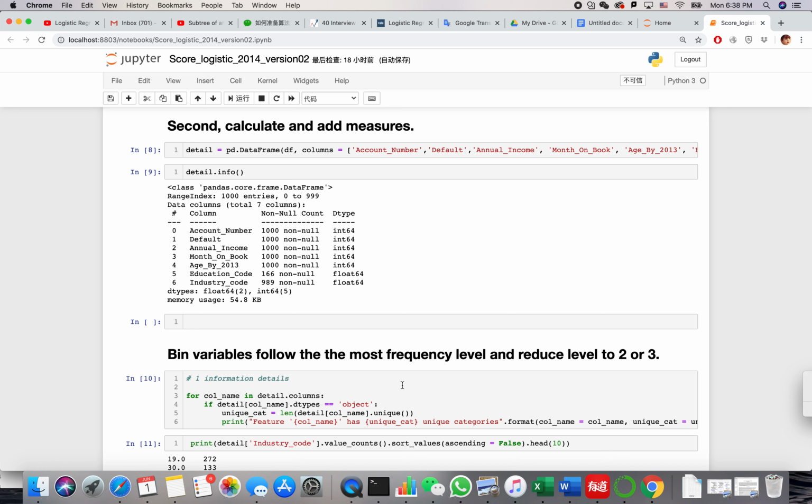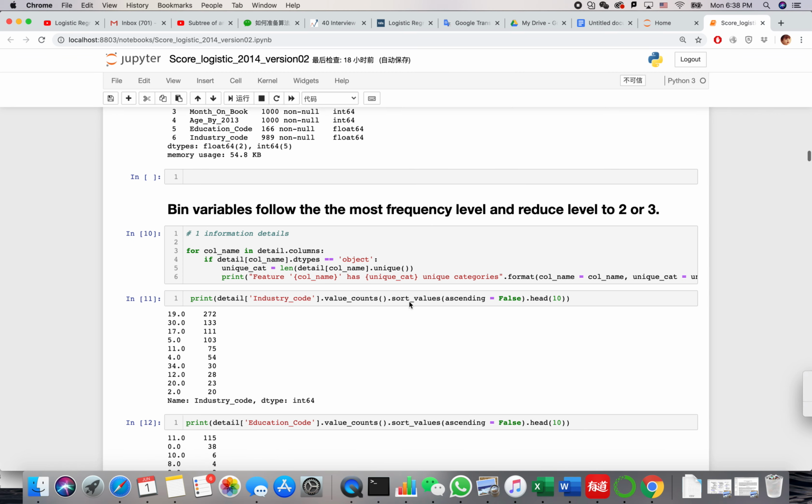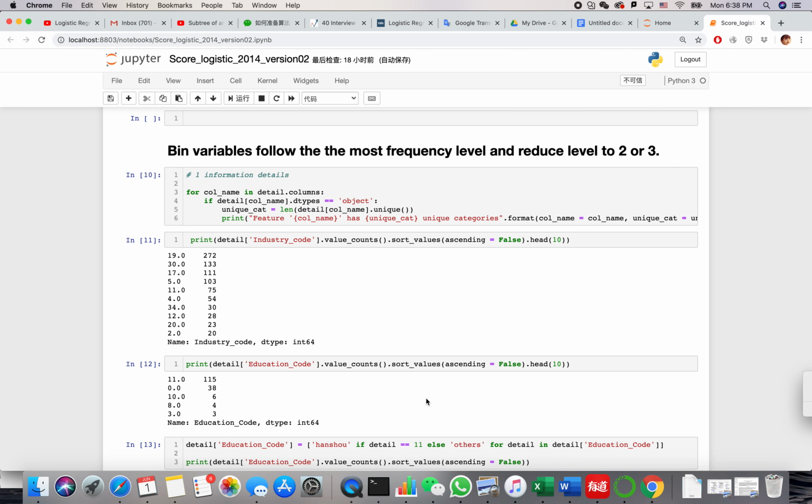So we first take the private information, like the annual income, months on book, age, education, and industry code, as a data set. First, we need to calculate it. Because the industry code has so many levels, we don't want to analyze all of them.